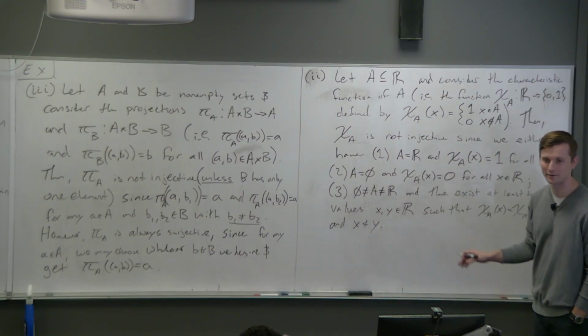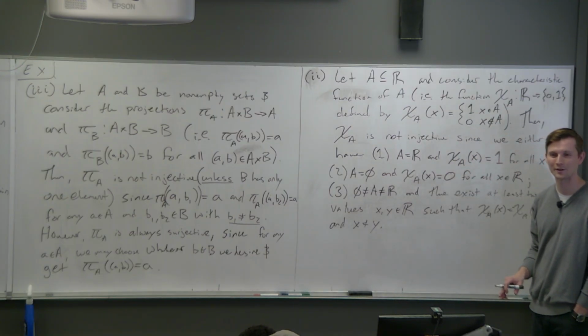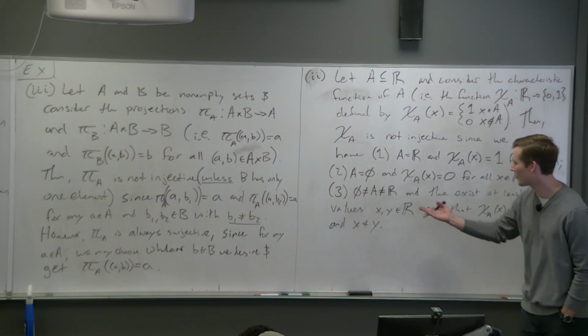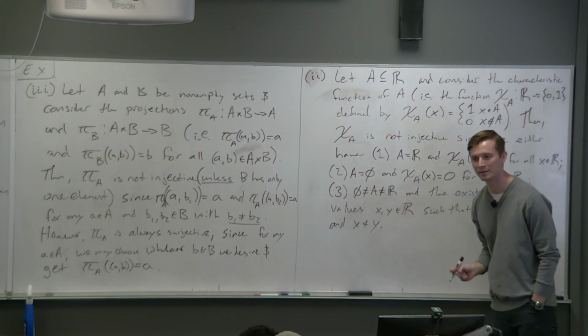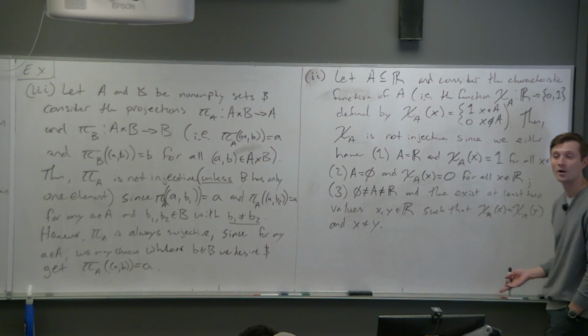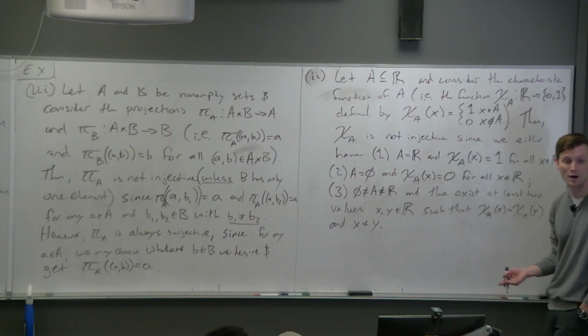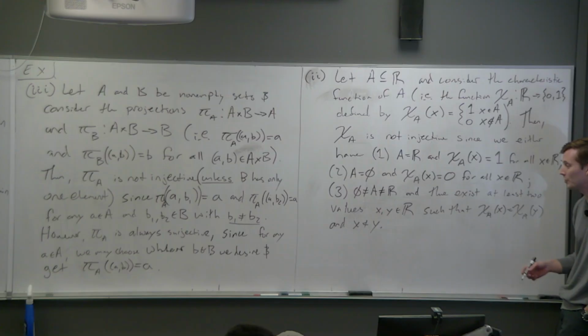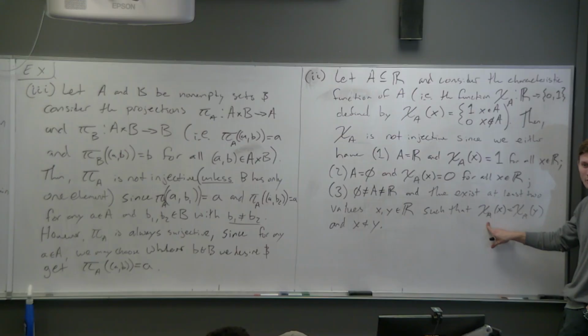If I wanted to say this more formally, I should say, if A is not the empty set and it's not everything, then I could break it into cases. A either has at least 2 elements, in which case there are 2 different things in A. Pick 2 things in A. Those both get mapped to 1, not injective.